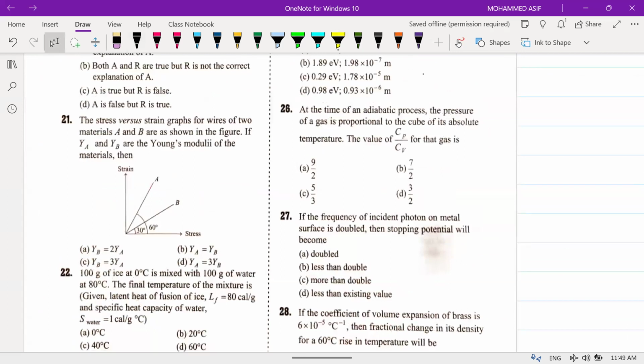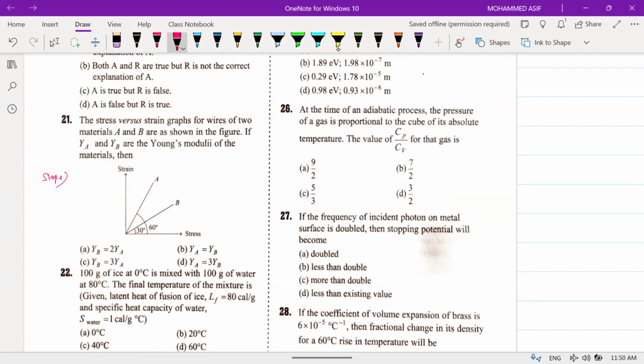21 is again a direct question, a graphical question. The stress versus strain graph is a straight line passing through the origin. The two materials A and B are there, as shown in the figure. If YA and YB are the Young's modulus of the materials, then what is the relation between them? Tell me, the slope of this will always give what? Young's modulus only. Write your formula.